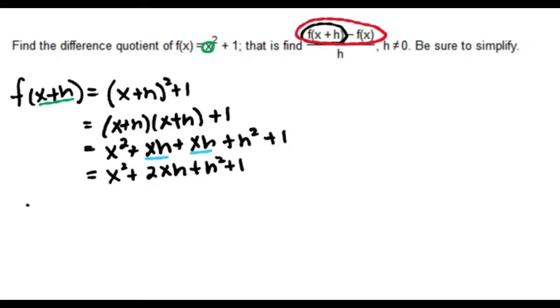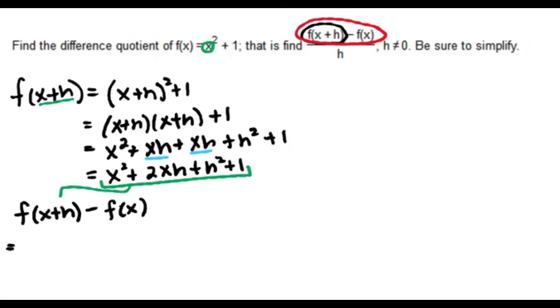So the whole numerator is f of x plus h minus f of x. And I'm going to use the work that I've already done. So we've already calculated f of x plus h to be this right here. And so I'm going to carry that down and replace f of x plus h with that expression.